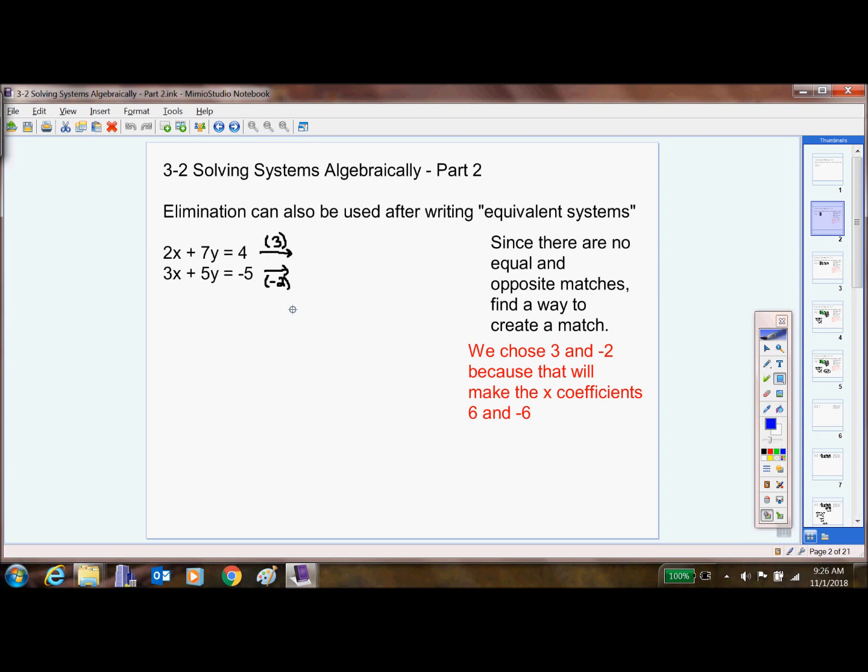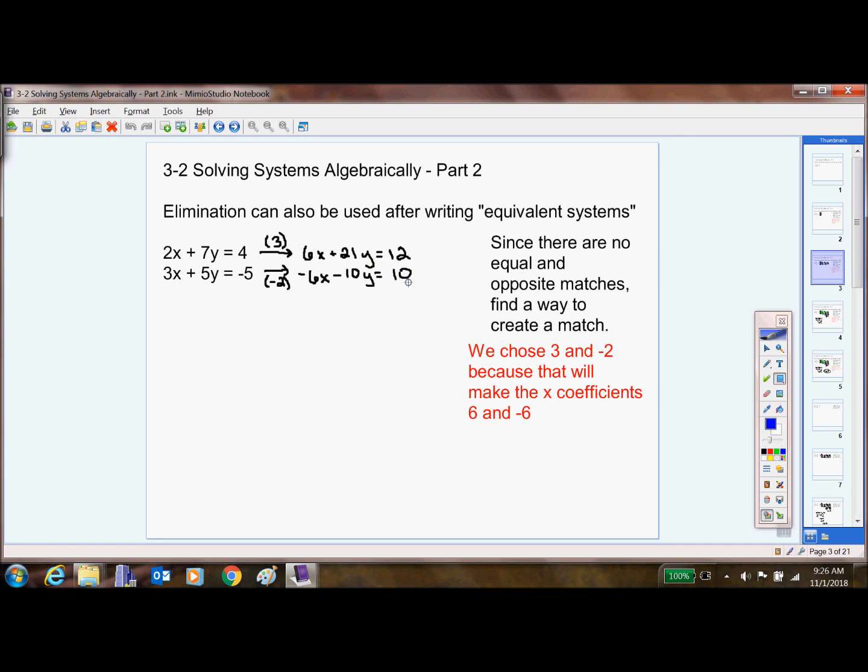So when we bring these things across and we multiply, Nikai, what do you get when you multiply 3 times everything here? So 6x plus 21y equals 12. And Brandon, how about this one? Good. So he watched out for his signs.